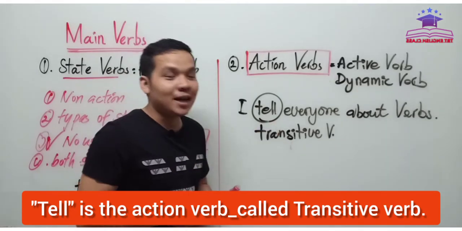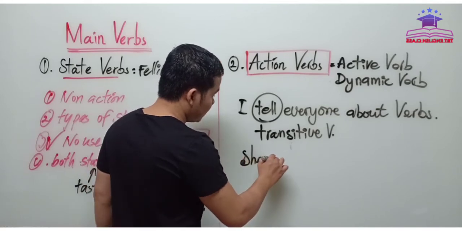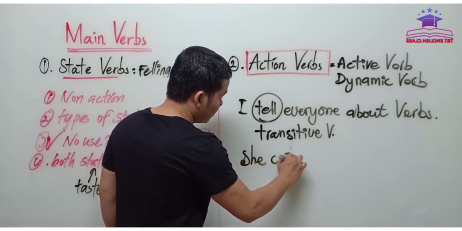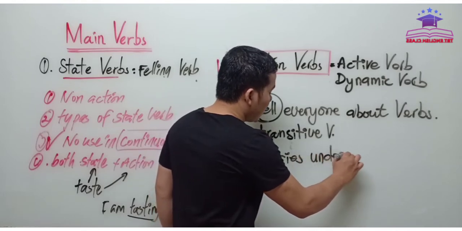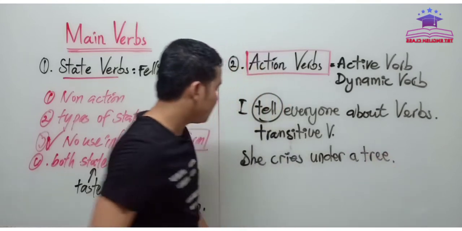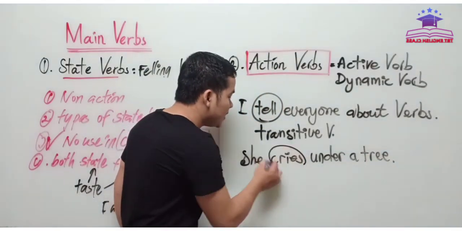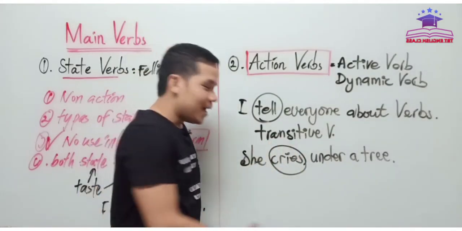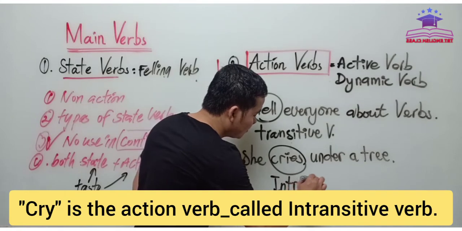I give you another example. She cries under a tree. You can see this verb is the action verb, and we call it another one, intransitive verb.